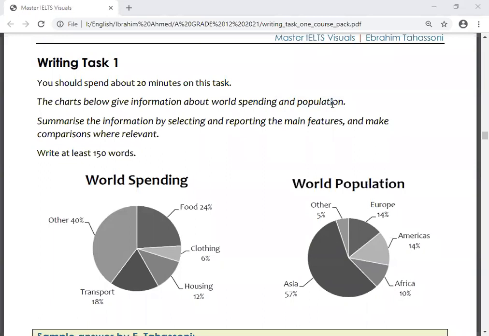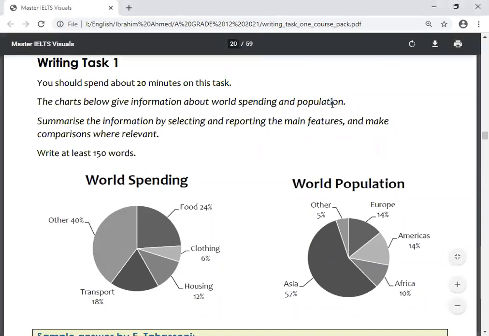The charts below give information about world spending and population. We need to analyze this question. The charts below. Of course, what type of charts are they? They are pie charts, as you can see.